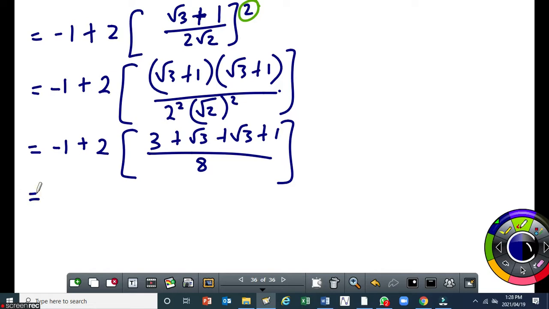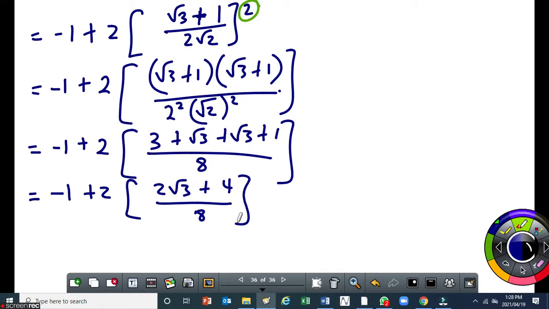So 3 plus 1 gives me a 4. Root 3 plus root 3 gives me 2 root 3. So I'll end up with minus 1 plus 2 open bracket. That will be 2 root 3 plus 4 all over 8. Okay? Let me distribute the 2 now to remove the bracket. So if I distribute it, I'll get minus 1 plus 4 root 3.